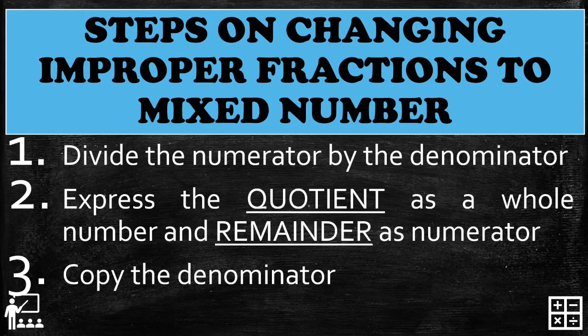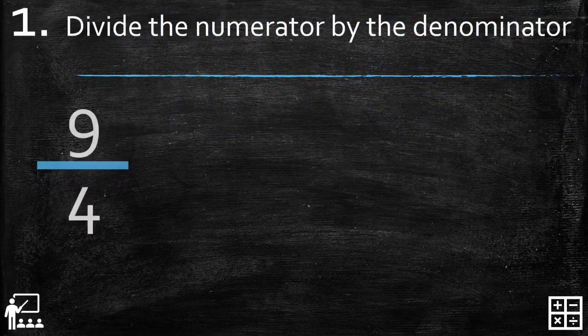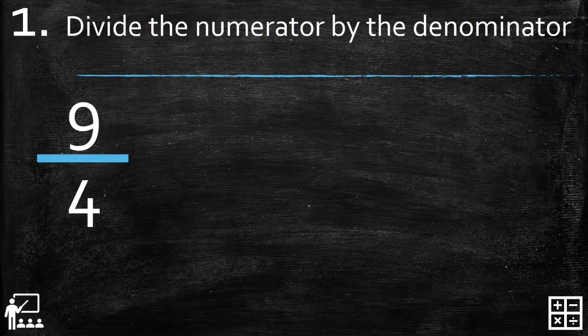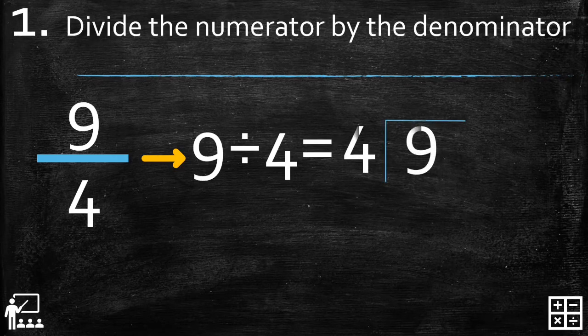So let's try an example. I have here 9/4. On step 1, we're just going to divide the numerator by the denominator. We're going to divide 9 by 4, as you can see on the slide.